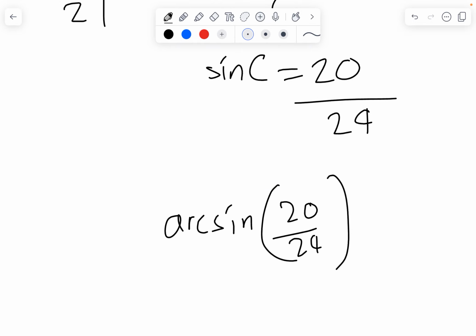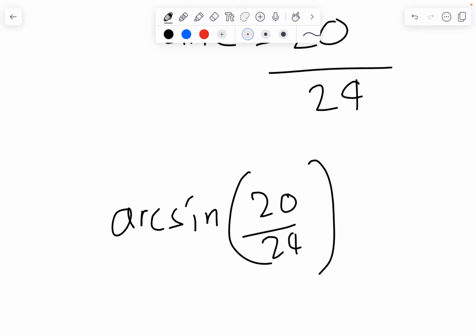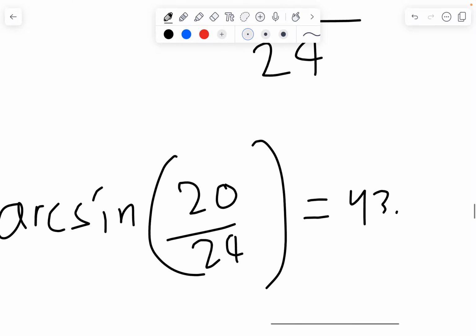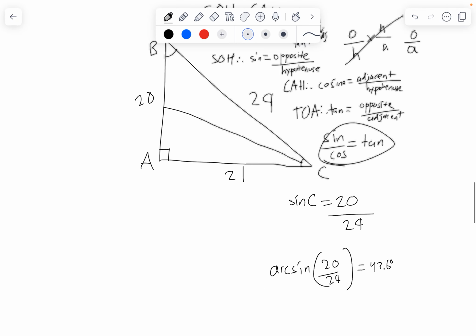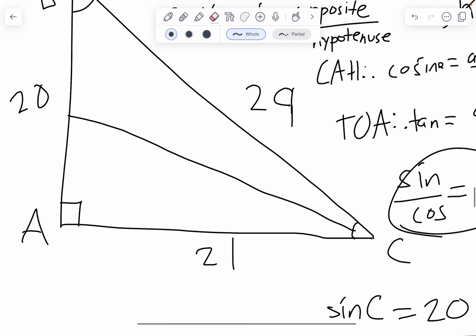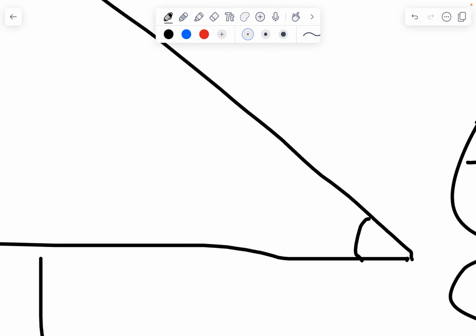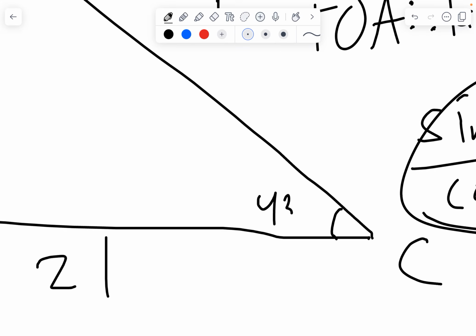I'm going on my calculator, it's not on my iPad so you can't see it, and I'm putting in arcsine 20/29 and it's spitting out, okay, that's in radians, so let's go to degrees, and it's spitting out 43.6 degrees. And hey, that sounds pretty spot on. There we go. We figured out C and what angle it is.